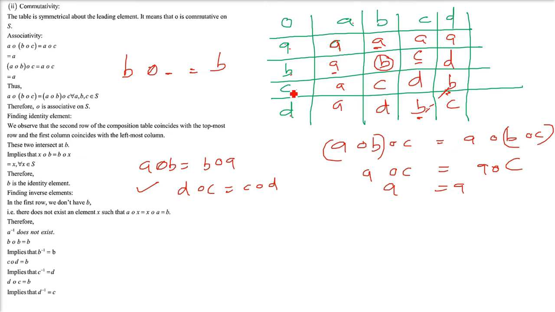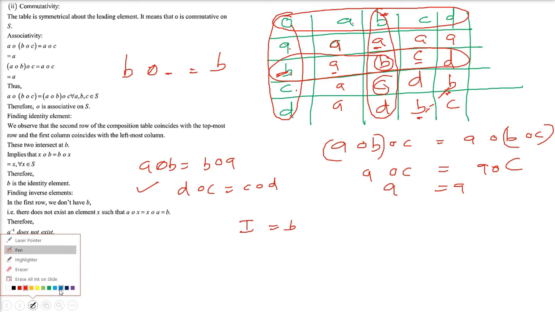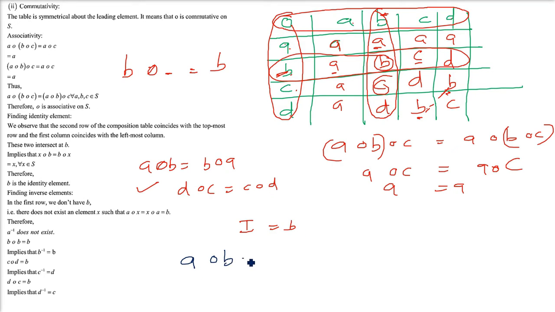If you see here, the first row and third row are exactly the same, and the first column and third column are the same, and they are operating with B. So the identity element is B here. You can just take the intersection of the same row and column to get the identity element.